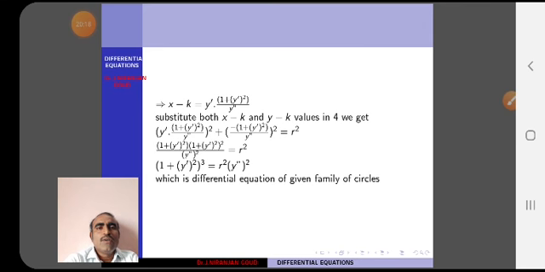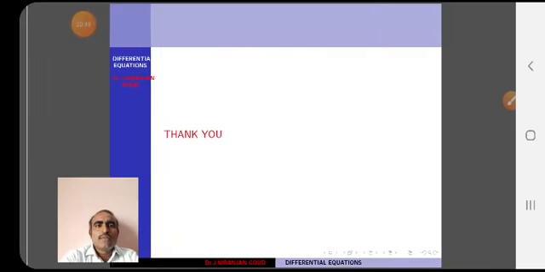We get y dash into 1 plus y dash whole square by y double dash, whole square, plus 1 plus y dash whole square by y double dash, whole square, is equal to r square. Simplify, you get 1 plus y dash whole square whole power 3 is equal to r square y double dash whole square, which is the differential equation of the given family of circles. Thank you.